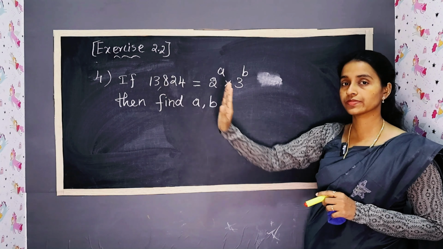If I take 2, I could not divide this 5 completely, right? 2 into 2 is 4, so the remainder is 1. So I cannot take 2, and also not 3, and 4 also I cannot. But 5 I can take, right? If I divide 5 by 5, the quotient will be 1 and the remainder is 0. So I am taking 5 here. I divide 5 by 5 and get 1. 1 into 5 is 5, 5 into 2 is 10.